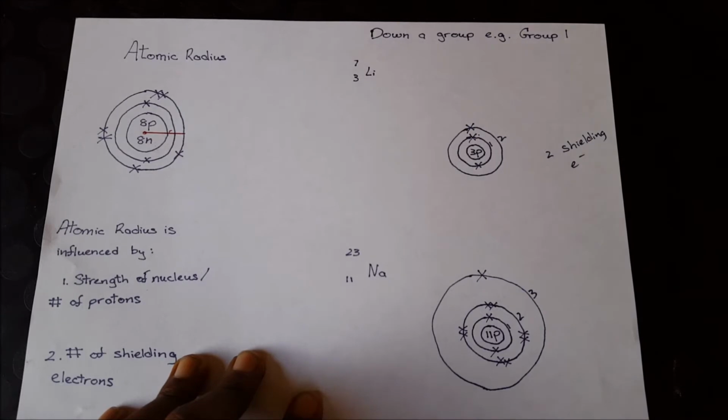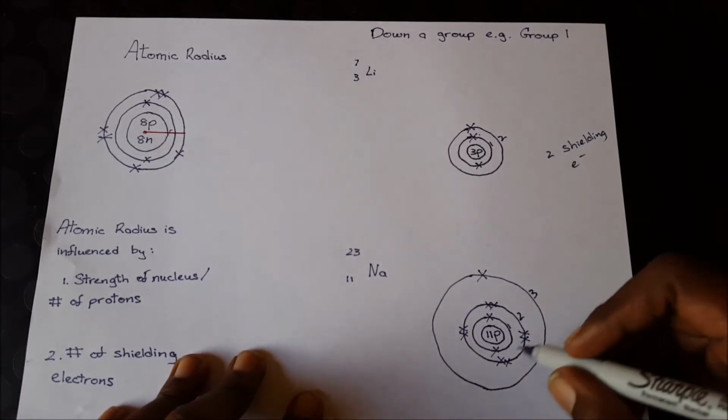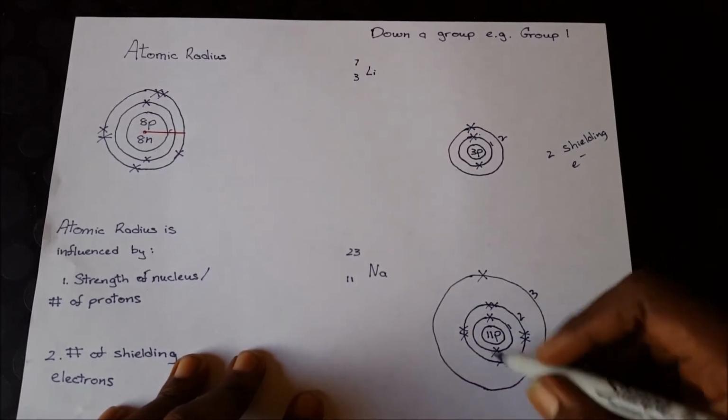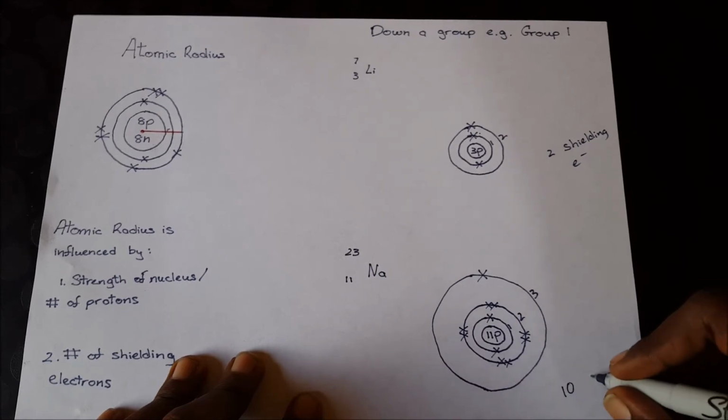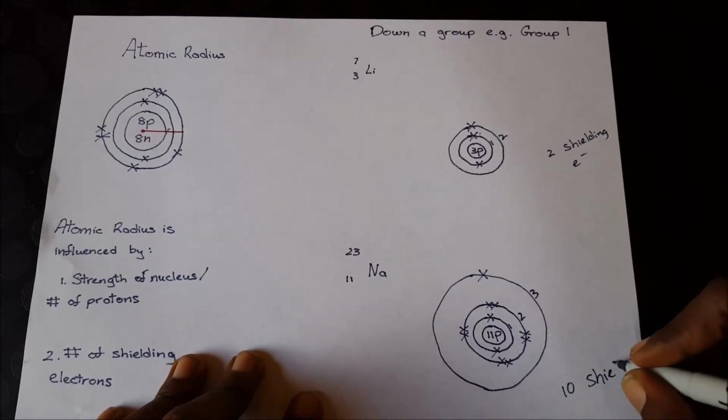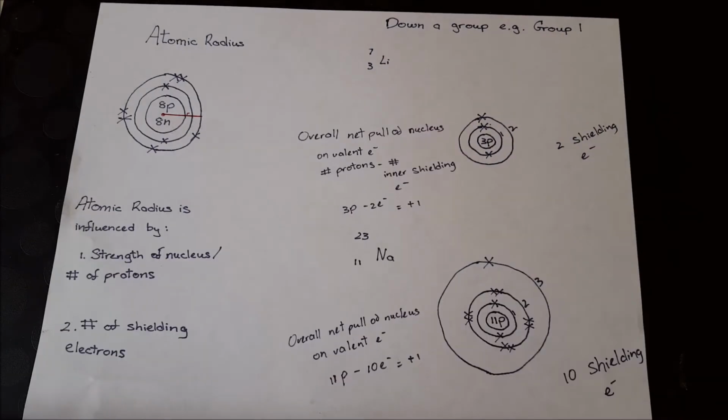Well, in the case of sodium, you have 10 shielding electrons. Remember what inner shielding electrons do. They shield the valence shell electrons from the pull of the nucleus. They reduce the field that those valence shell electrons feel.